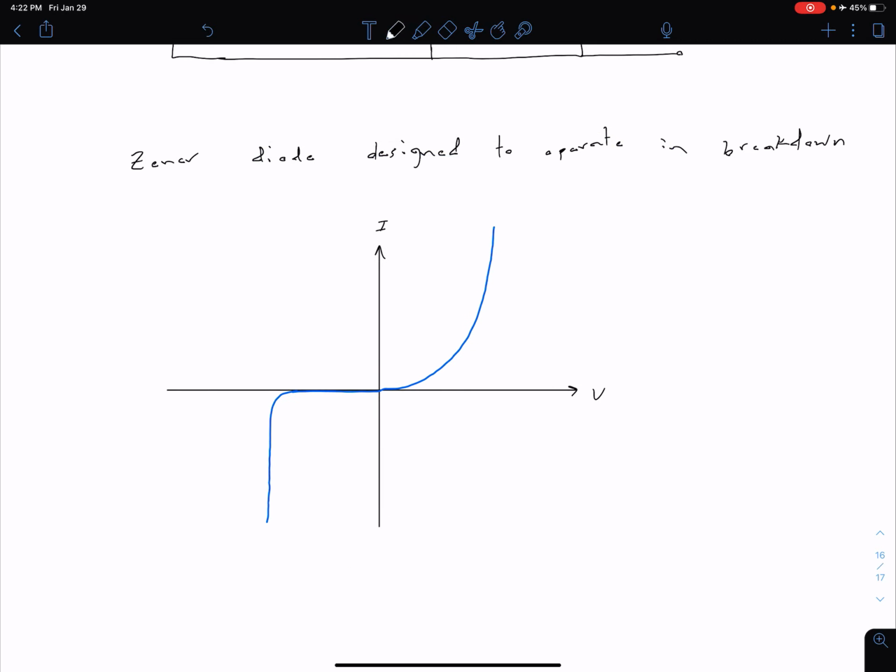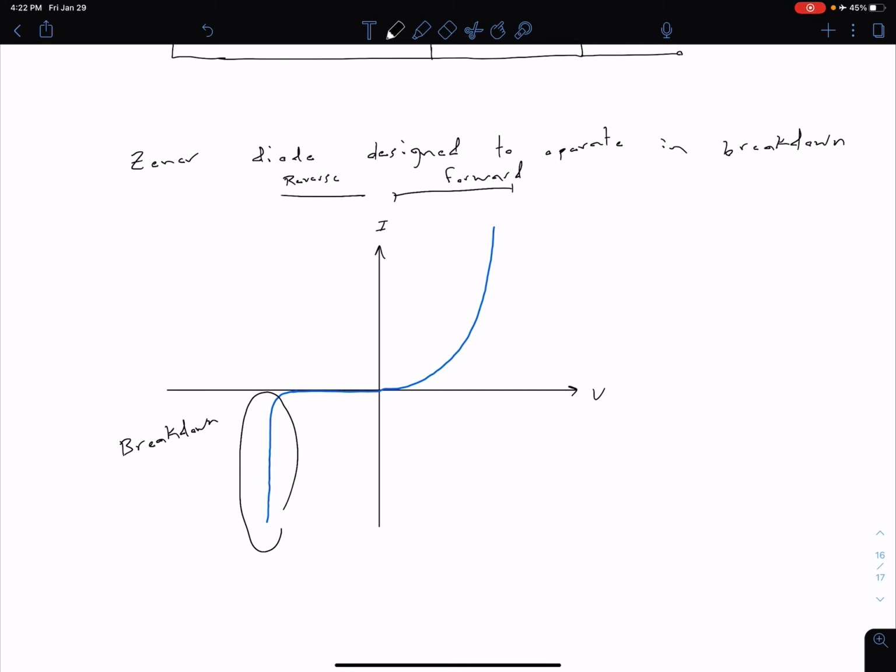Remember, we have our forward bias on this side, and over here we have our reverse bias characteristics. If we push it too far in reverse, we get this area called breakdown. This is actually where our Zener diode is designed to operate.